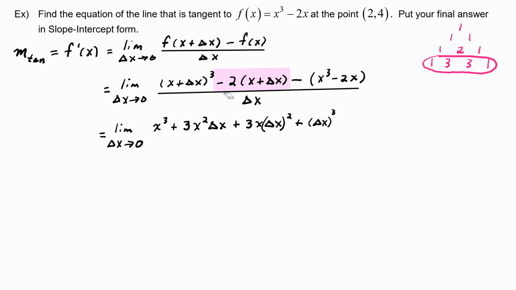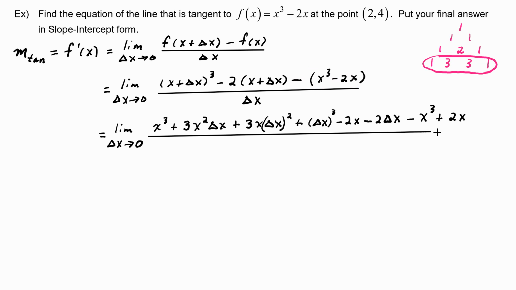Then we have to distribute this negative 2 to both terms here, so we get a minus 2x and a minus 2 delta x. Distributing the negative sign here, we have minus x cubed and plus 2x. Get the big fraction bar in there, and delta x in the denominator.